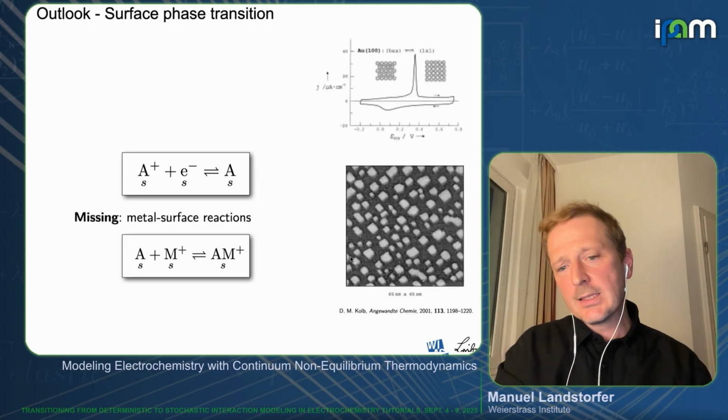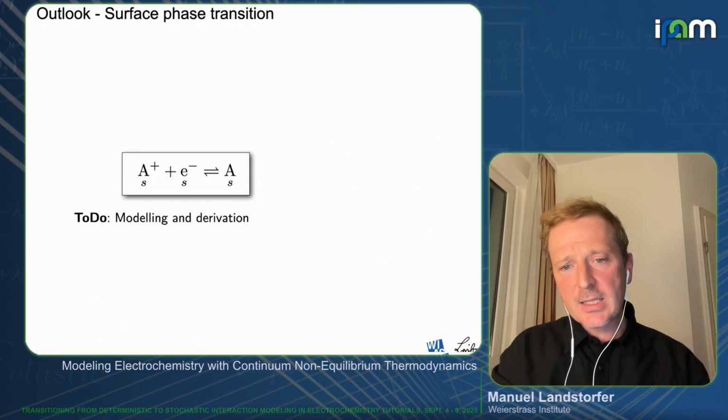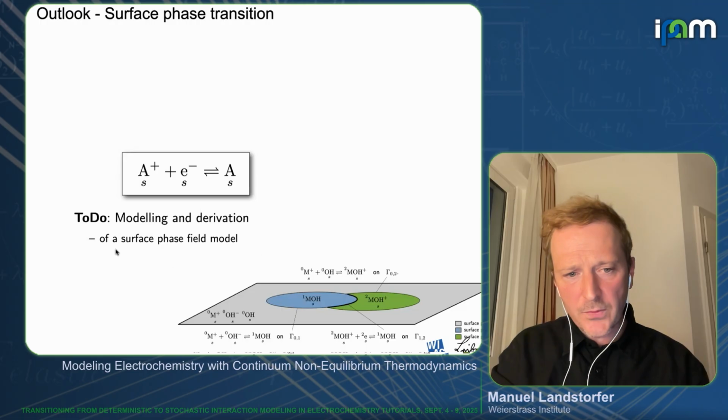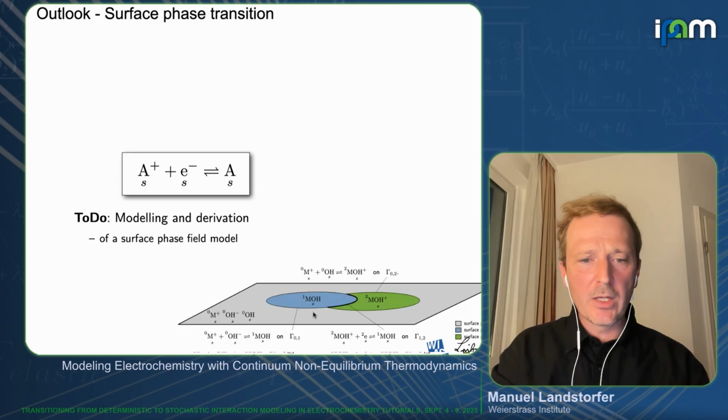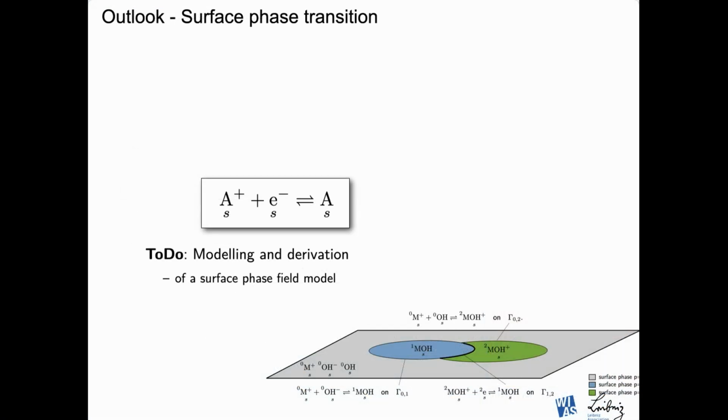And for instance, this is well known for gold. From a mathematical point of view, this has to be done in terms of surface phase fields, where you can have really on the surface, in tangential directions, the formation of islands, which then have their own evolution equation in terms of surface phase fields.